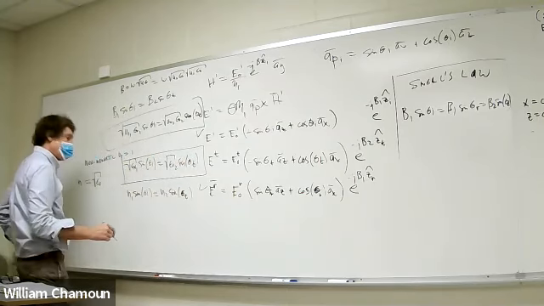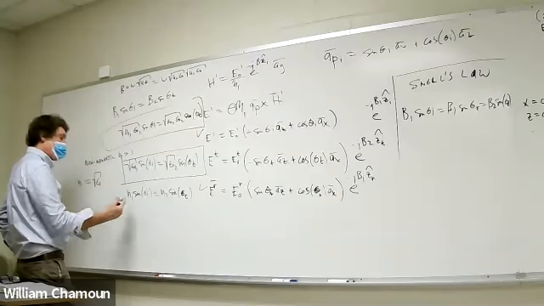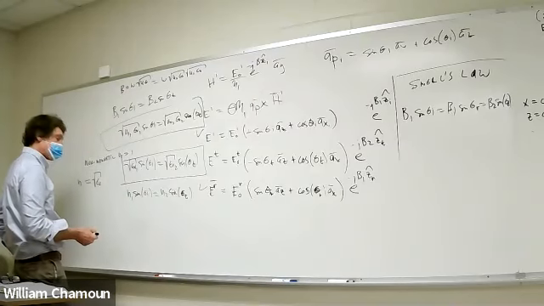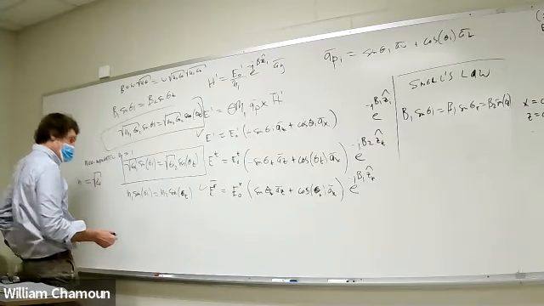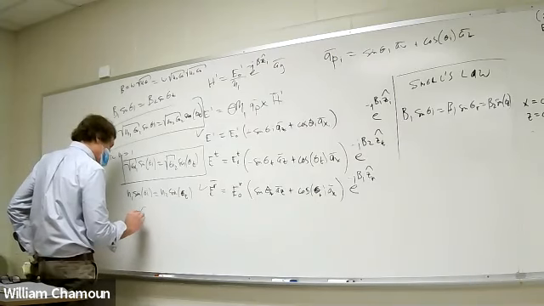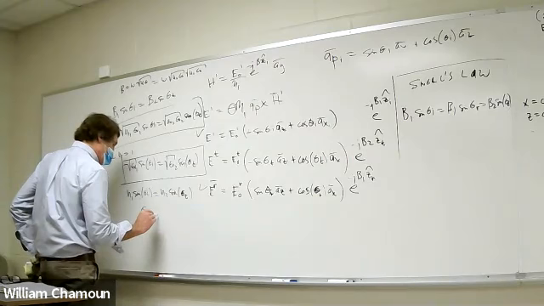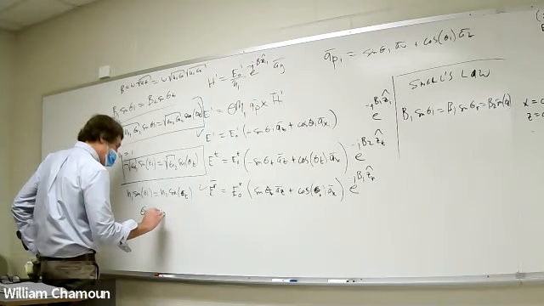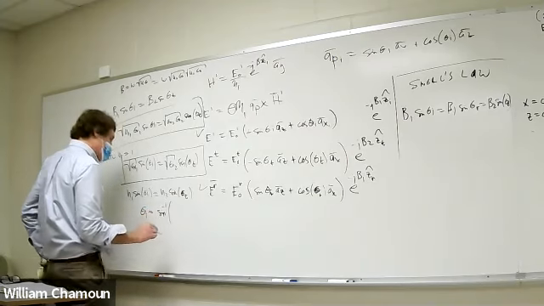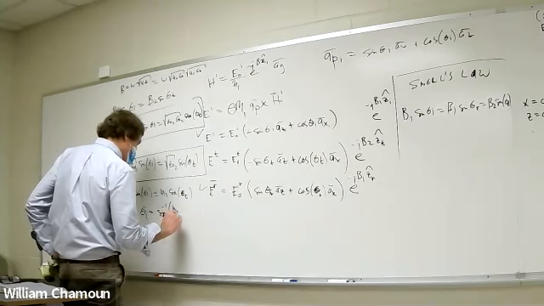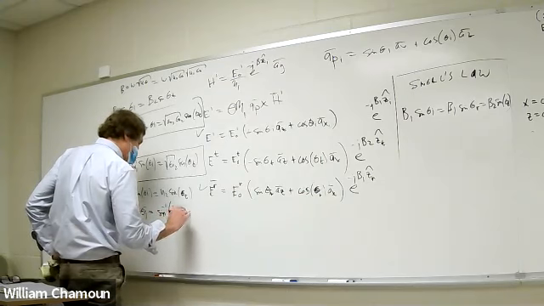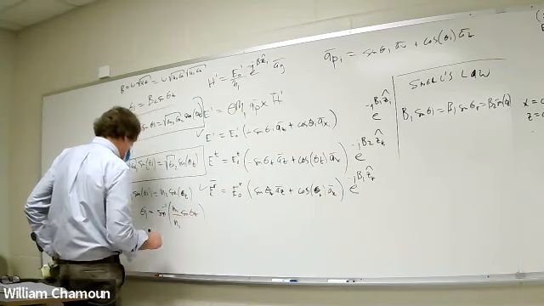And typically you do this. They'll divide by N1. N1 for air is 1. And really you'll get theta incident here will be equal to sine minus 1 of N2 over N1 times sine of theta transmitted.